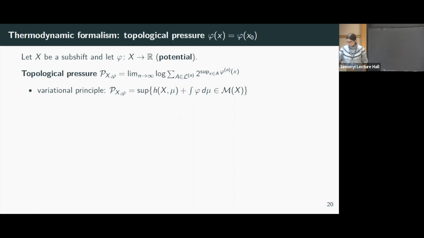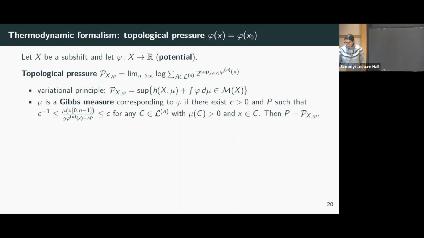So that's one way to define topological pressure. The other is if you happen to have a Gibbs measure corresponding to the potential, which means that there will be constants C and P such that this holds. This is a condition that resembles the previous one, but involves the potential. Then this P must be the topological pressure.